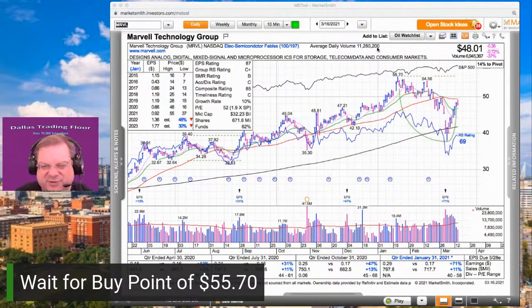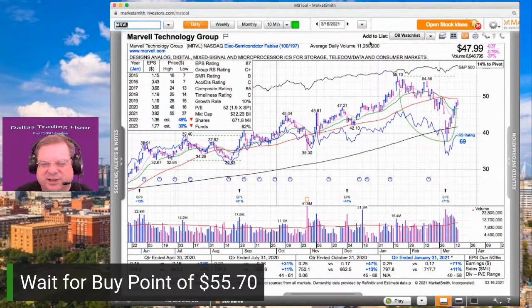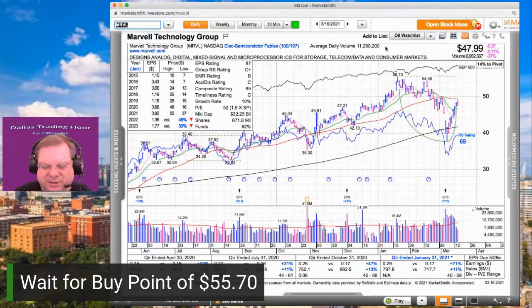We still have sort of a downward trend on this one. If I can get it to work. Hold on. Okay, there we are. So we still have a downward trend going on like this, and we really haven't broken through this downward trend, so we're still below this.